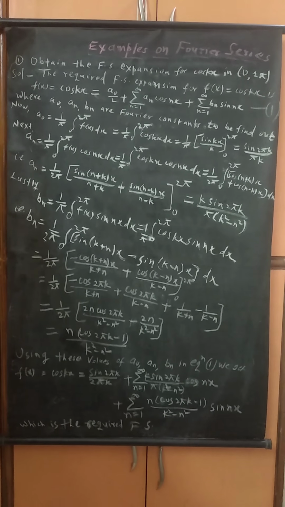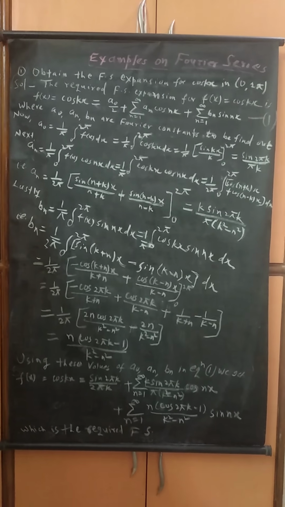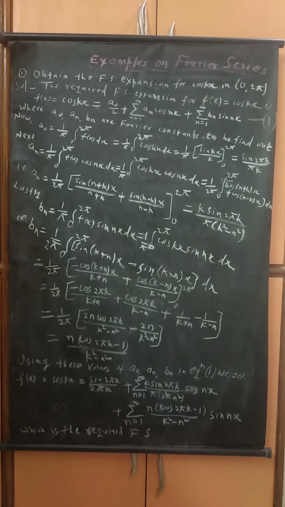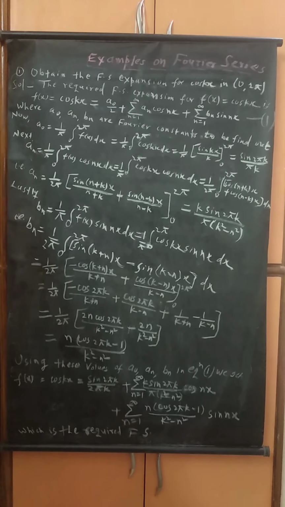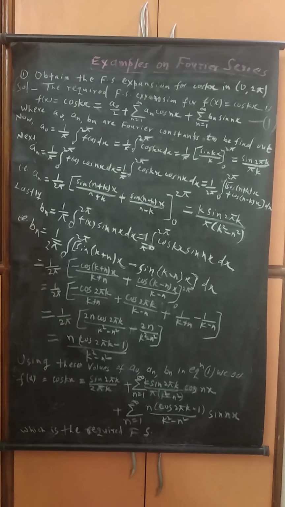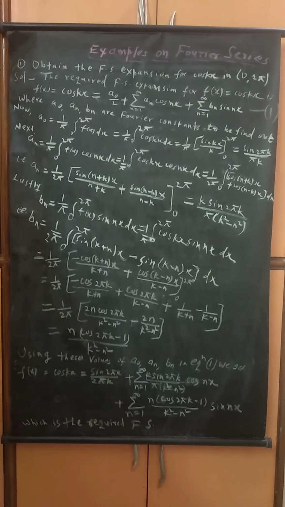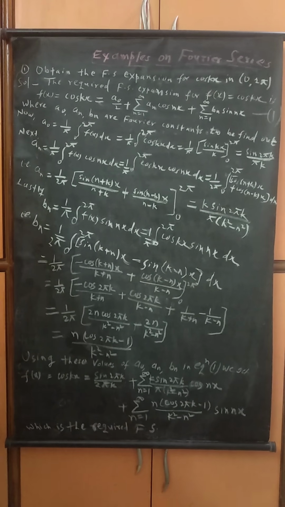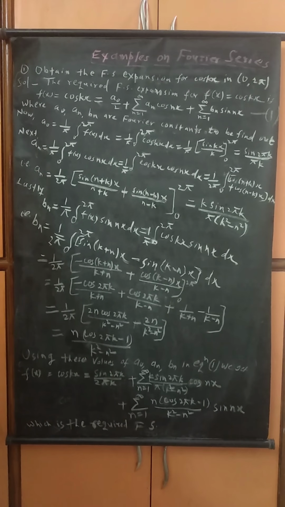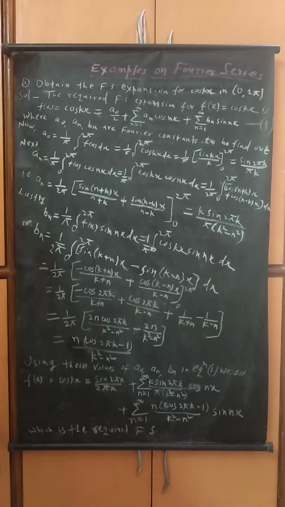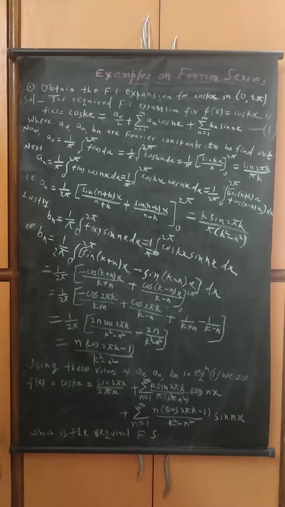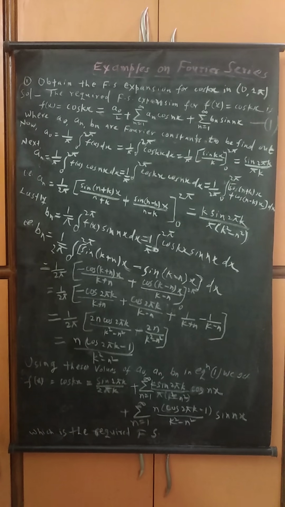The only change is that we multiply f(x) by sin nx. In exactly the same way we find the value of this integration. First use the formula 2 cos alpha sin beta, that is sin of alpha plus beta minus sin of alpha minus beta.